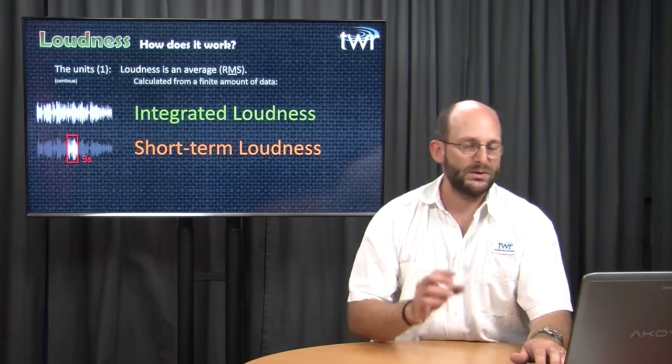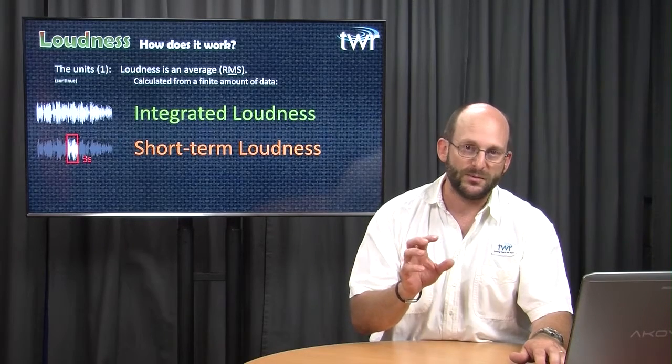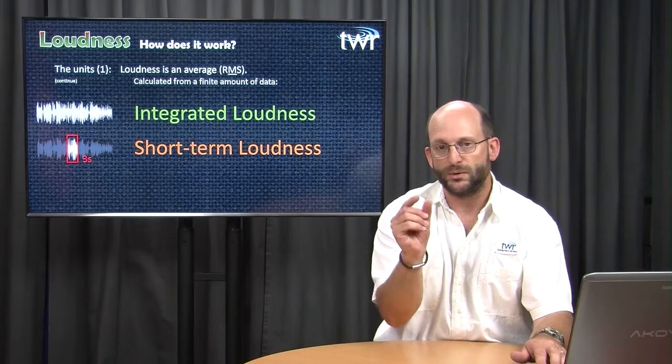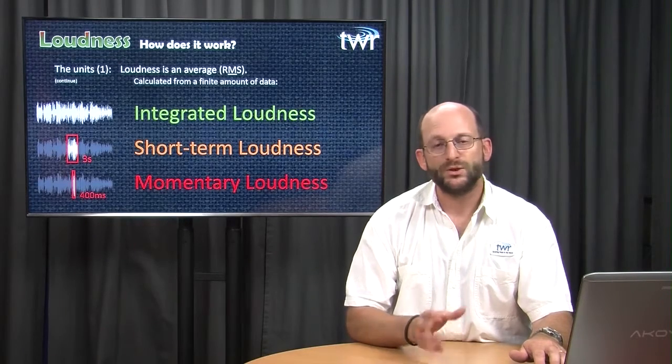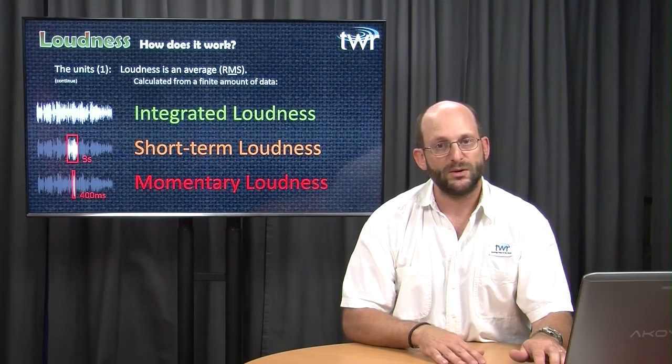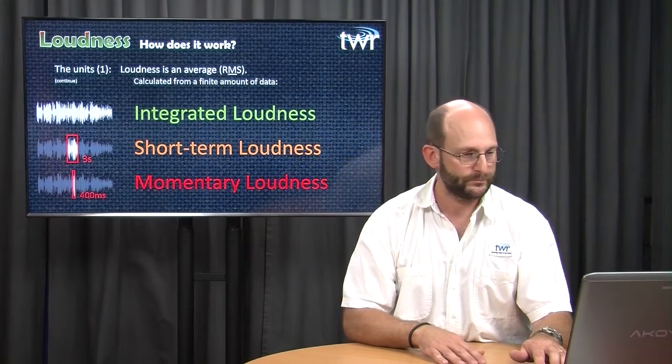But maybe we want something that is more like a live measurement when we play a file. For that, we have the short-term loudness, which is measured over a 3-second window. And there is the momentary loudness, which is measured over a smaller window of 400 milliseconds, and that behaves a little bit like the VU meter you are used to.